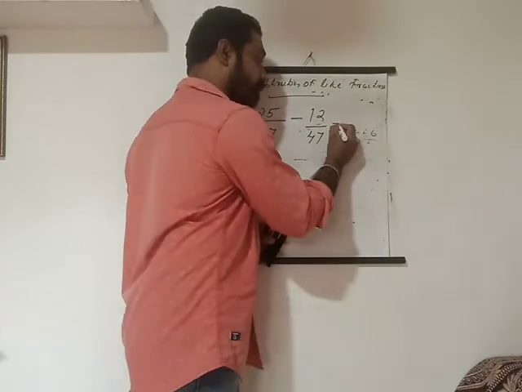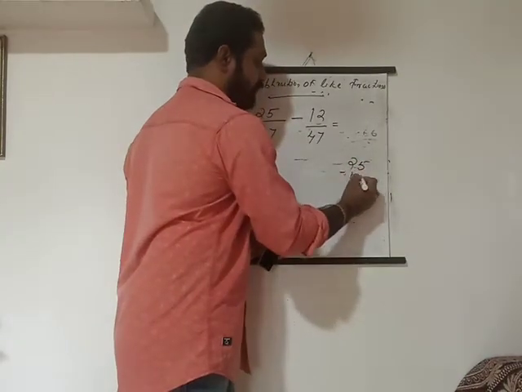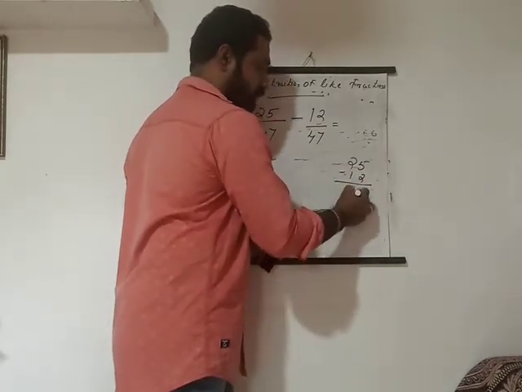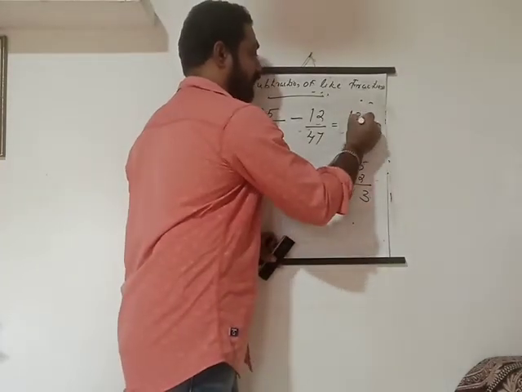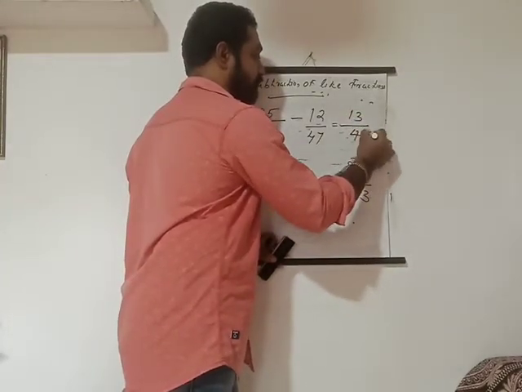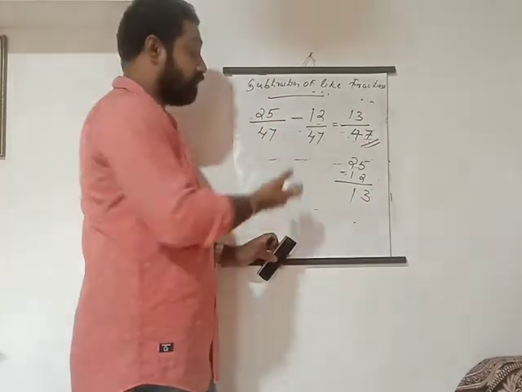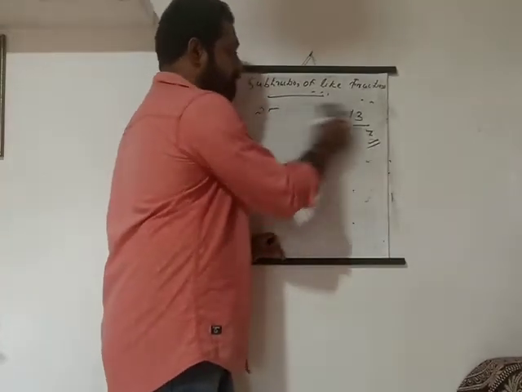Then what do you have to do? Just subtract the numerators. 25 minus 12. 5 minus 2 is 3, 2 minus 1 is 1. Then what is our answer? 13 by 47. Write the same denominator, 47.